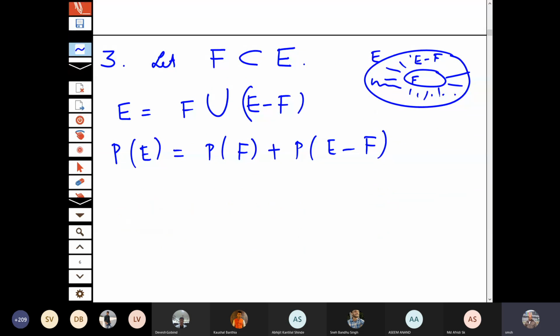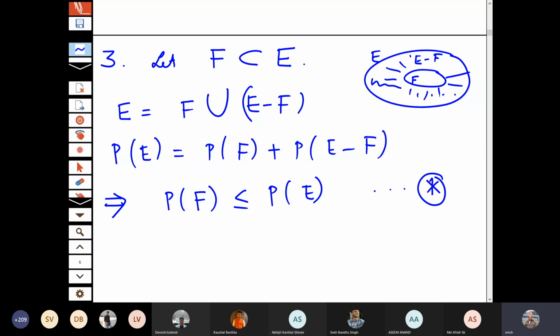So this gives you two results. One is that probability of F is less than or equal to probability of E. Okay, that is one consequence.